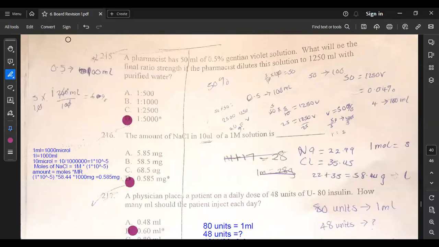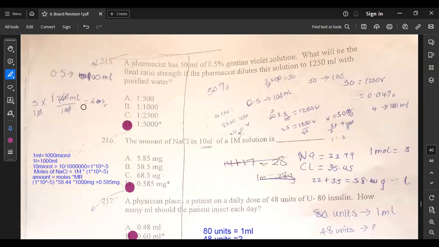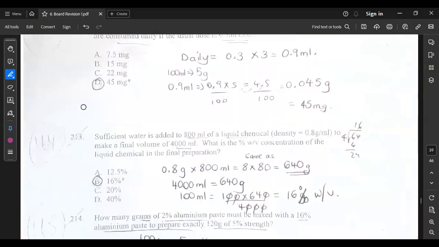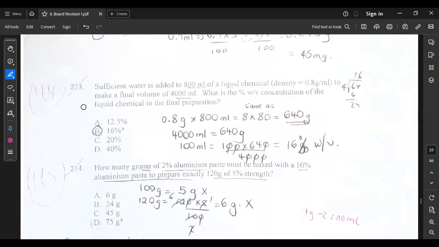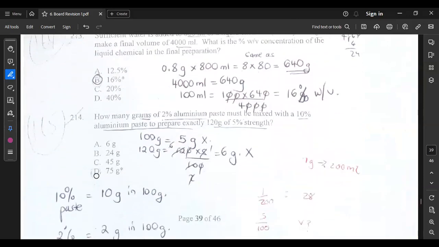For 215, we got D. Yeah. Okay. I'll write how to do it later. I figured this one out. Okay. This is the right answer, right? Yeah. So 214, we can go to 214. Yeah, we've gotten 75.